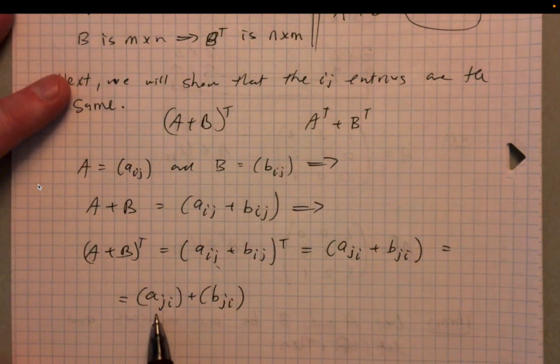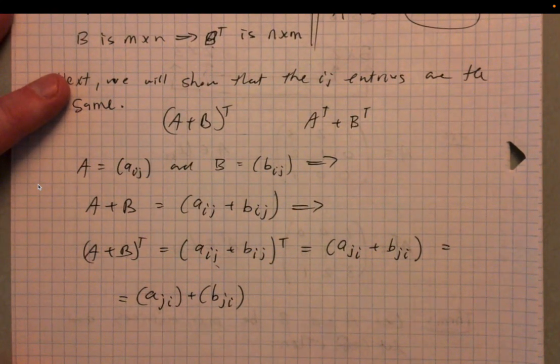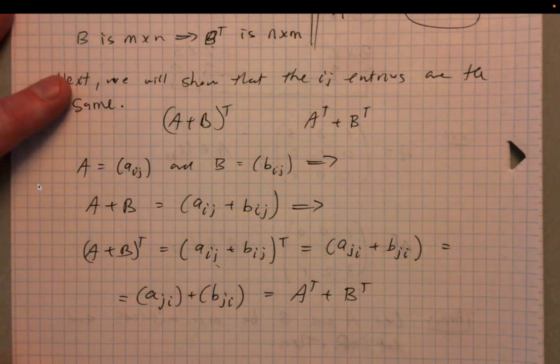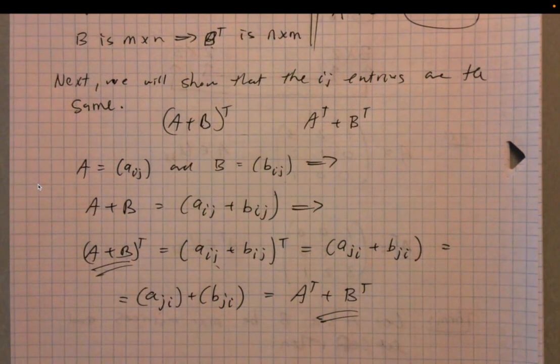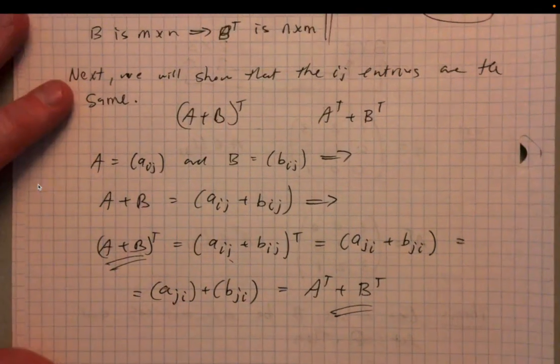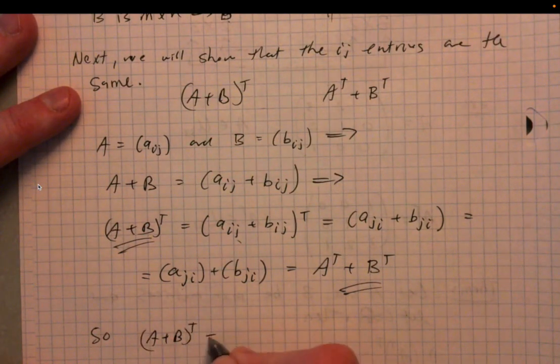Now notice this is just the ij entry of A transpose plus B transpose. So we've shown that the ij entry is the same. You start with the ij entry of this, and you find that it gets you to the ji entry of that, and so they must be the same. This, together with the fact that the dimensions are the same, means that the two are equal.